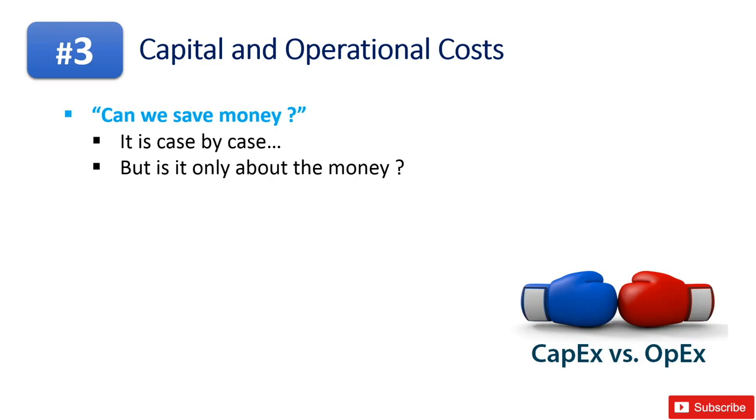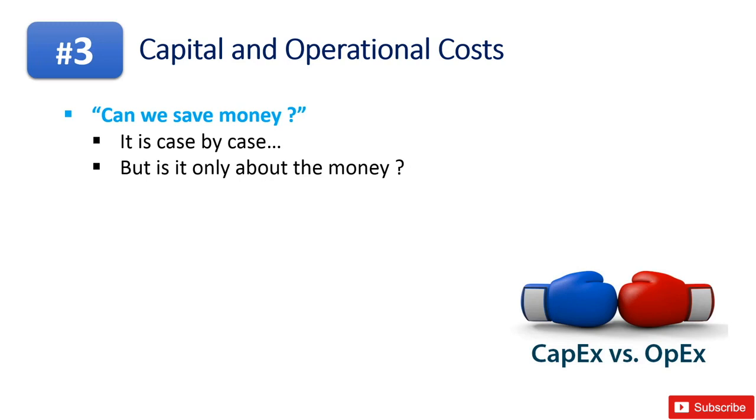Still, cloud service providers are constantly adapting their pricing model to make their services much more attractive for more and more use cases. And we need to remember that money is not the only reason why companies are looking for cloud services, but definitely this is an important factor.